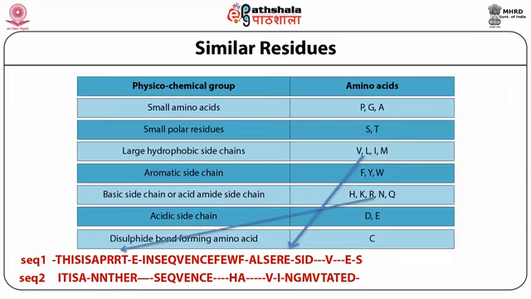The substitution of a residue by such a similar residue at a position in an alignment is called a conservative substitution. The conserved substitution is not expected to affect the function of the evolving protein.